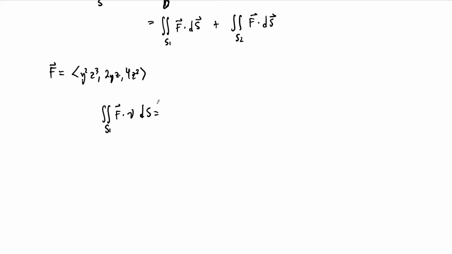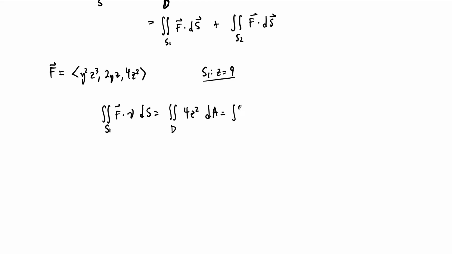Nu here is just the unit normal vector k. So this one is going to be the double integral over that region D of this vector field dotted with k. So this just ends up being 4z squared dA. And this one, by the way, for this surface, remember S1 is the surface given by the equation z equals 9, and so z is just 9.